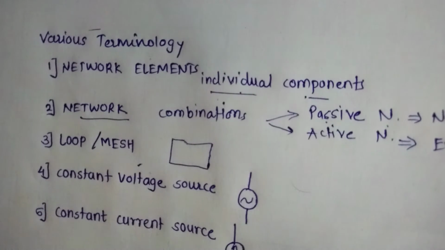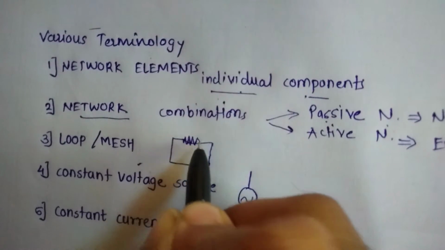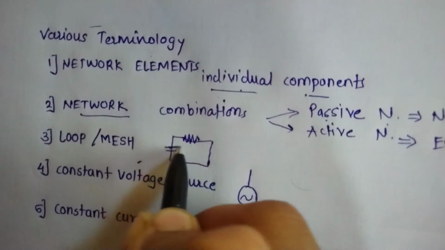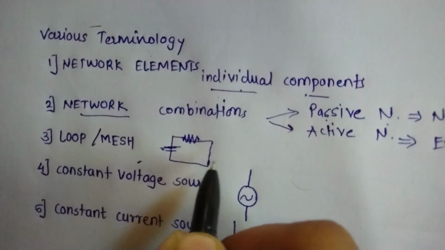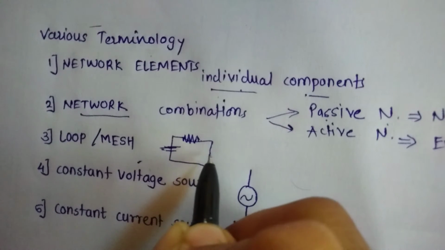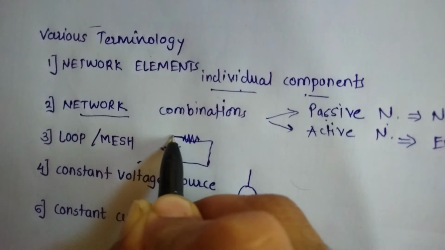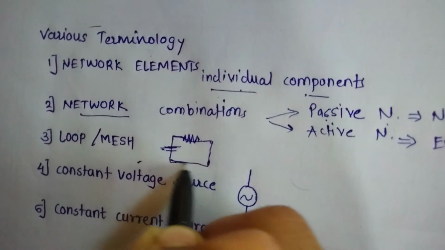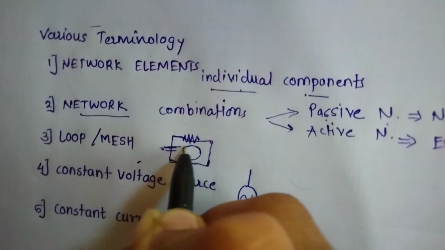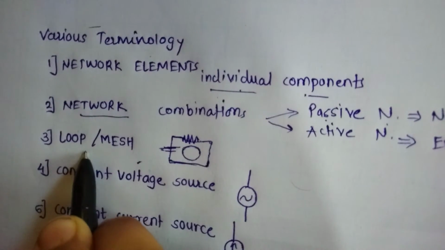A set of branches forming a closed path in a network is called a loop. So if this is a resistance, this is an EMF source, and likewise many components can be used in this network, and all these branches are connected to each other, forming a closed loop. So that is nothing but a loop.